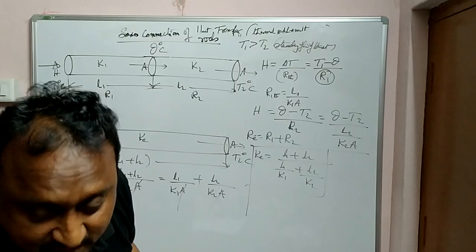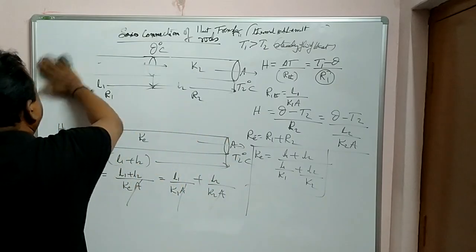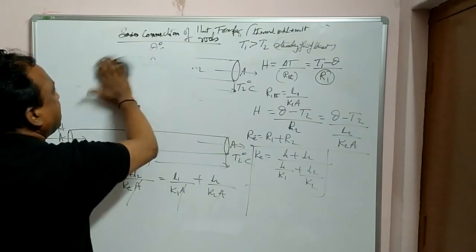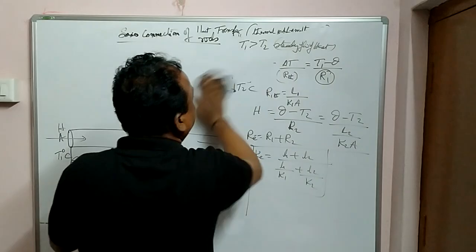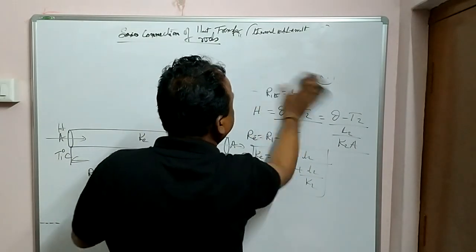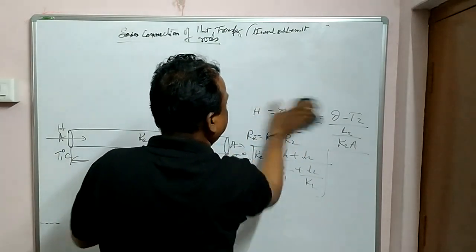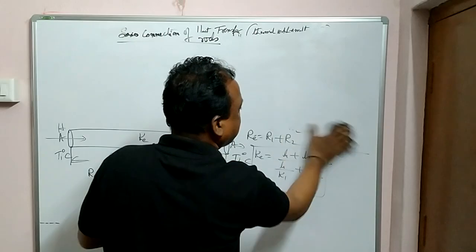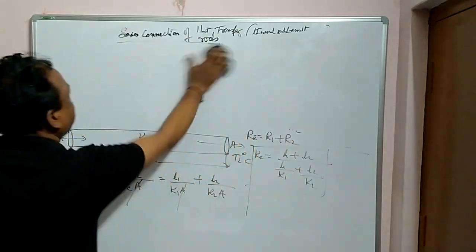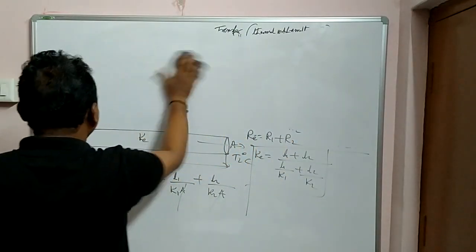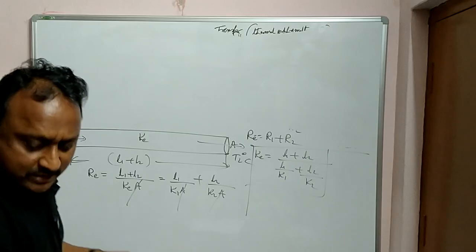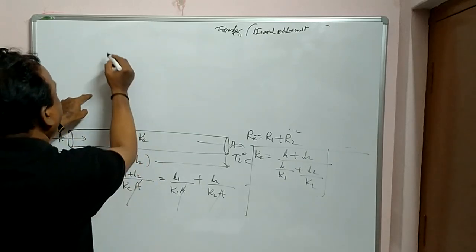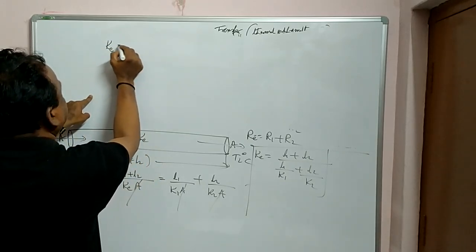You can even extend this formula for more rods. Someone may ask, sir, what if there are not 2 rods but 3 or 4, then what do we do? Then you can extend this formula like this. Suppose if more number of rods are there, when there are more than 2, what is the formula? It goes like this.